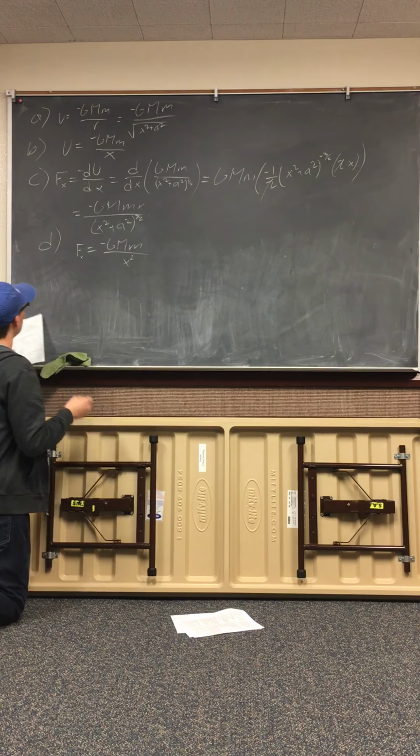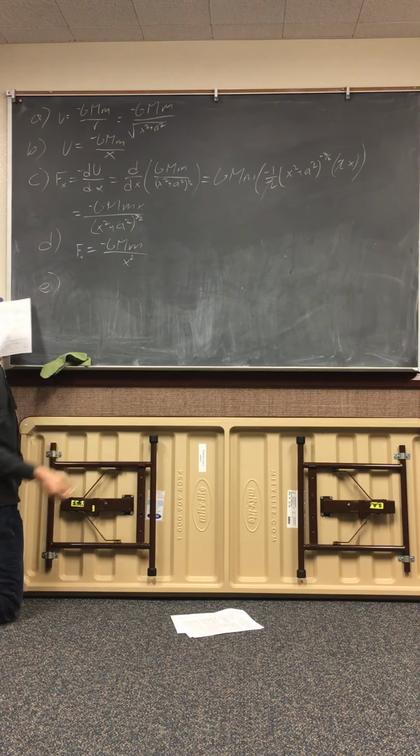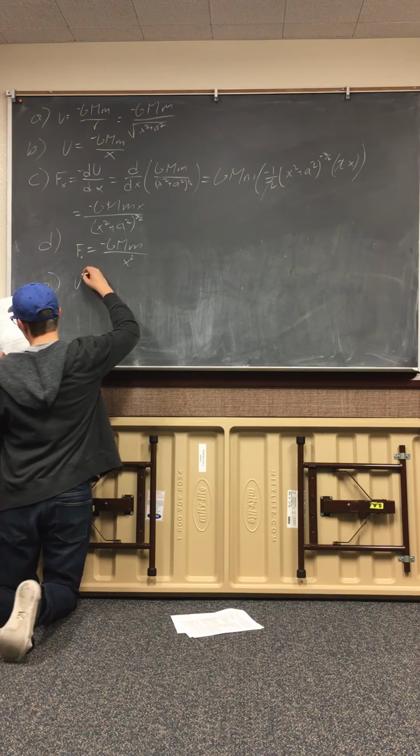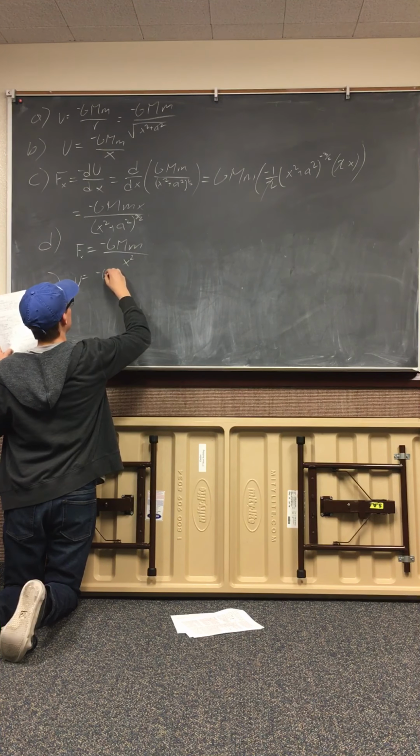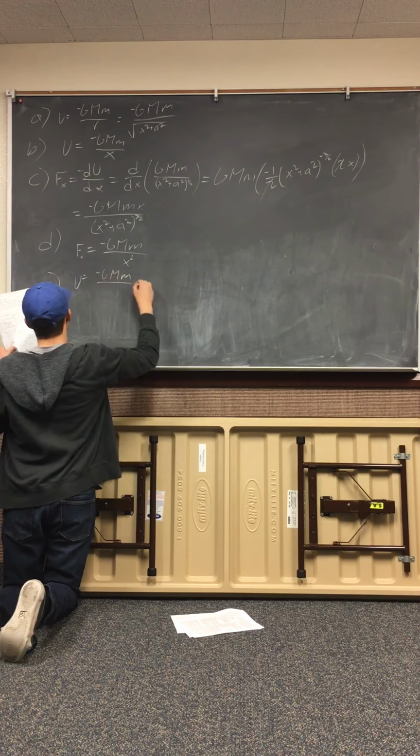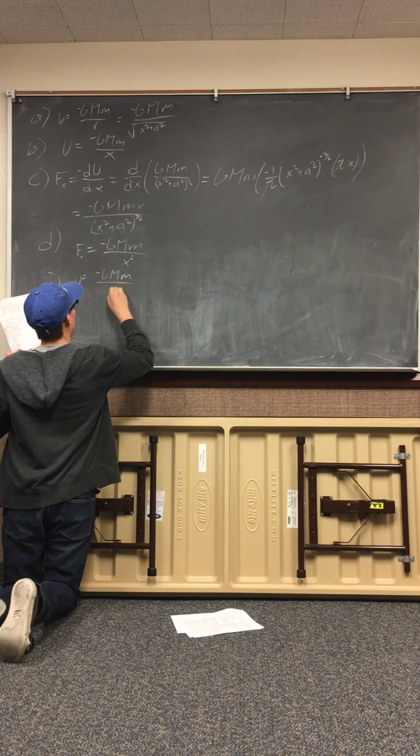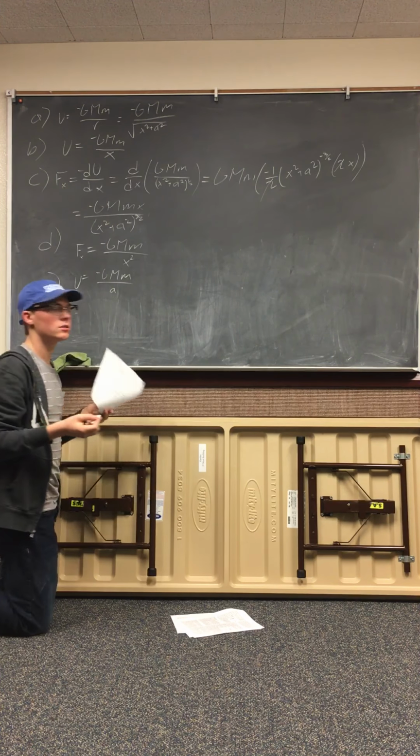For part E, if x is equal to 0, then U is going to equal negative G M m divided by a, because you just plug in x and solve.